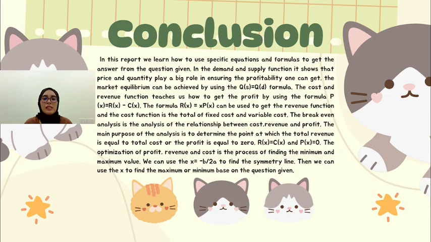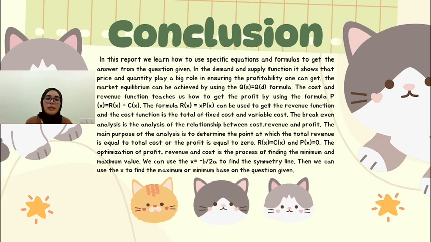The break-even analysis is the analysis of the relationship between cost, revenue, and profit. The main purpose of the analysis is to determine the point at which the total revenue is equal to the total cost, or the profit is equal to 0. So R(x) equal to C(x) and P(x) equal to 0.